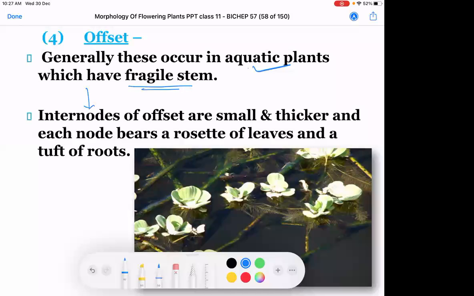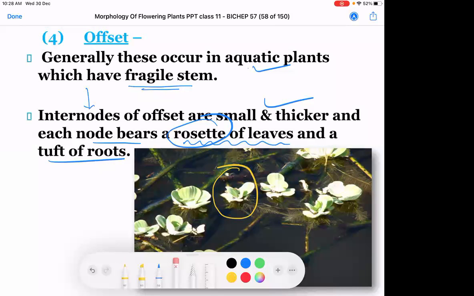What kind of leaf arrangement? If you see the diagram, the arrangement of leaves looks like the petals of a rose. Ready? And that is why it is called a rosette of leaves.